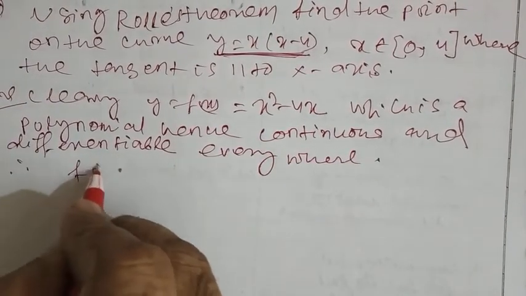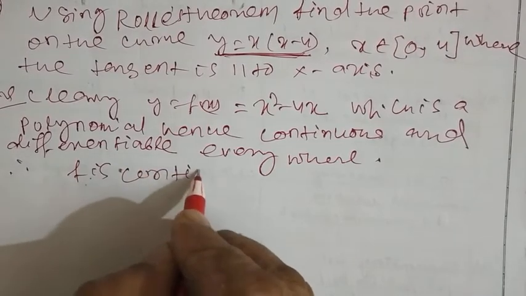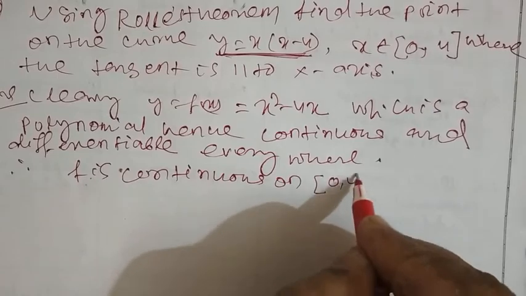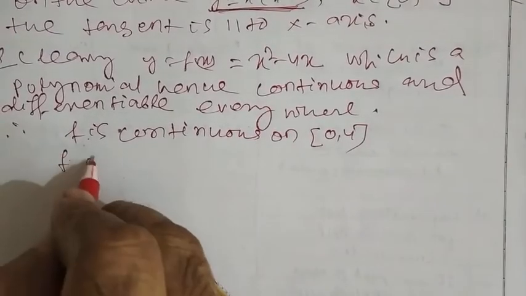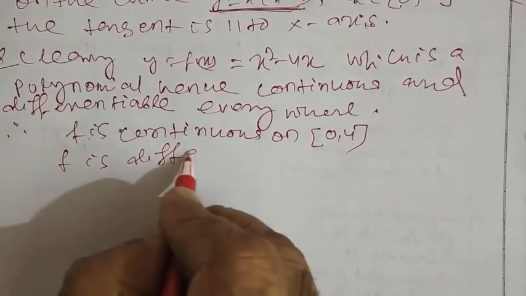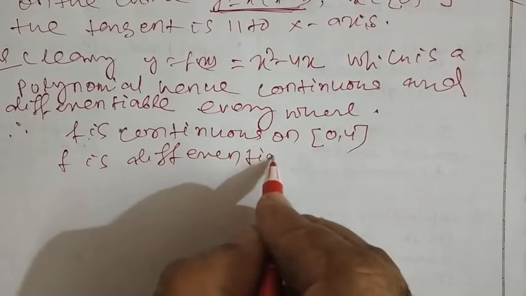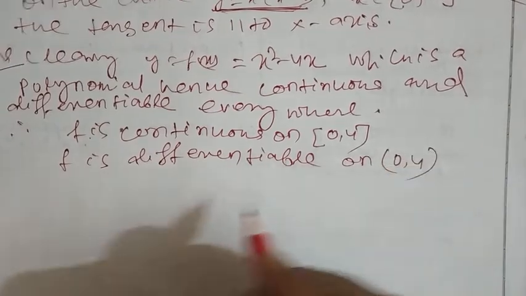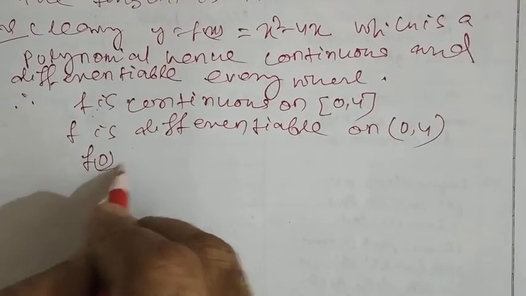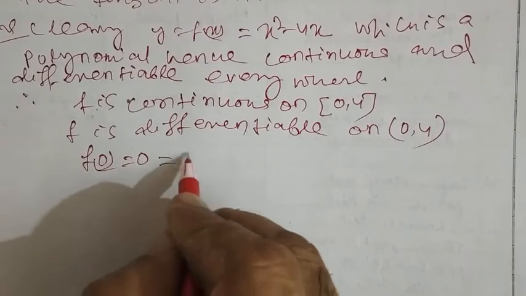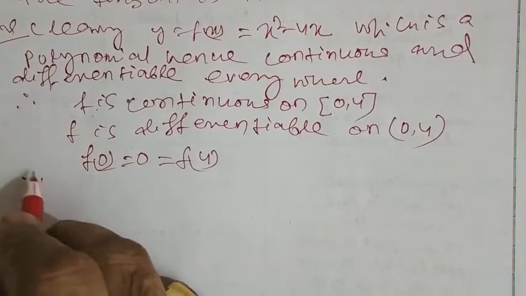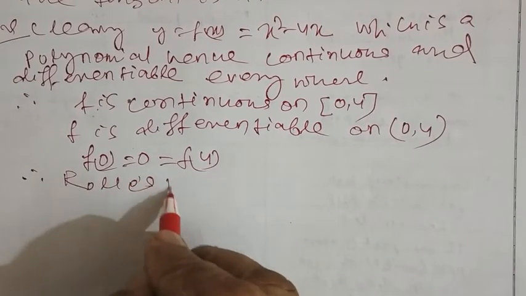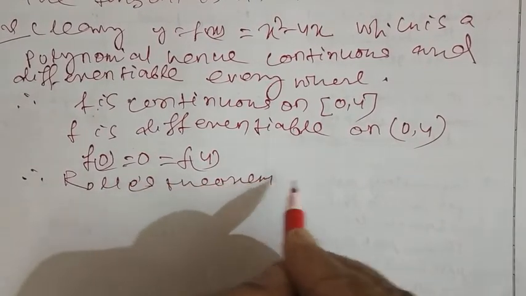Therefore, f is continuous on closed interval 0 to 4 and f is differentiable on open interval 0 to 4, and f of 0 is same as f of 4. Therefore, Rolle's theorem is applicable.